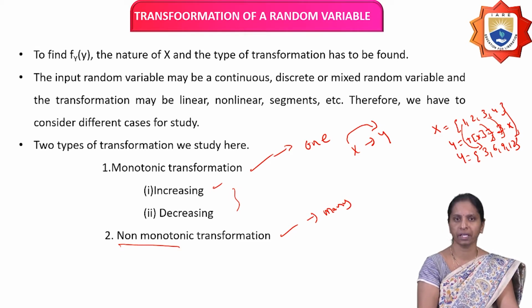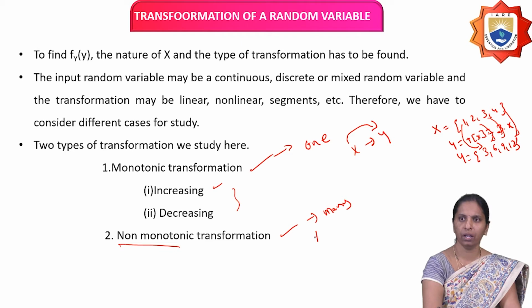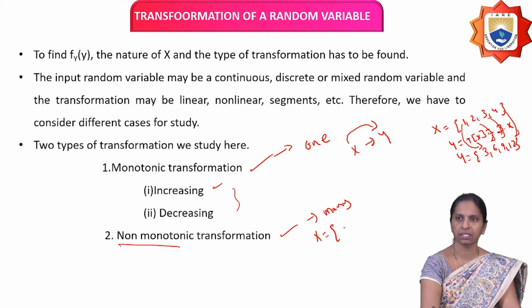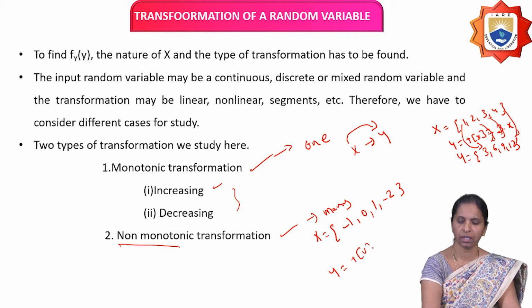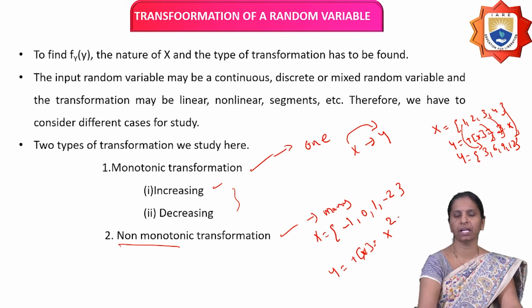You will have a one-to-many correspondence. For example, if I have a random variable x such that x equals -1, 0, 1, -2, and I am transforming this random variable x into a new random variable y by performing some operation. Here, the operation is just squaring the random variable x.